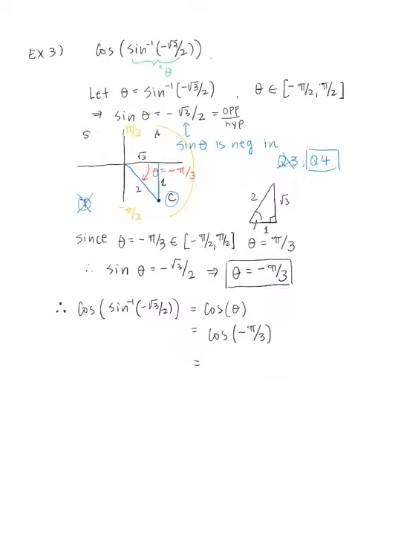Remember, cosine is an even function, so the cosine of negative pi over 3 is exactly the same thing as cosine of pi over 3. In case you forget, let me just make a note, because cosine theta is even. Y equals cosine is even.